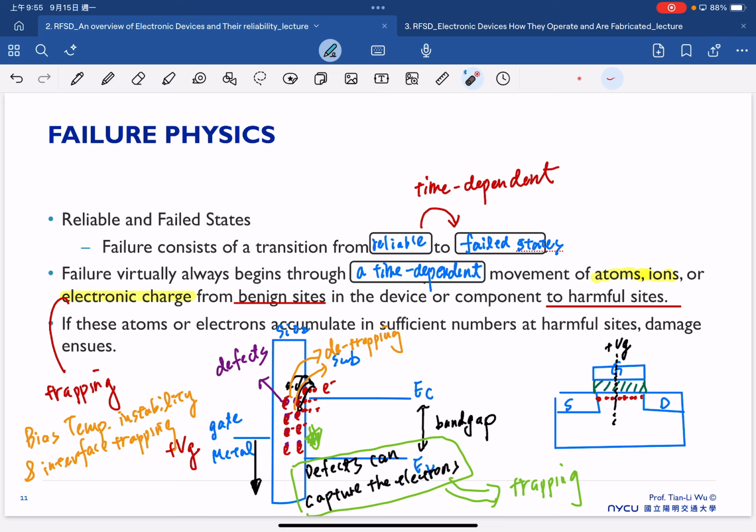If these electrons accumulate in sufficient numbers at a harmful site, then damage will happen. That's why we use this example to describe how electronic charge can move, leading to the trapping and detrapping effects.